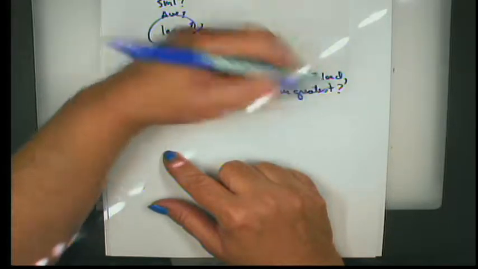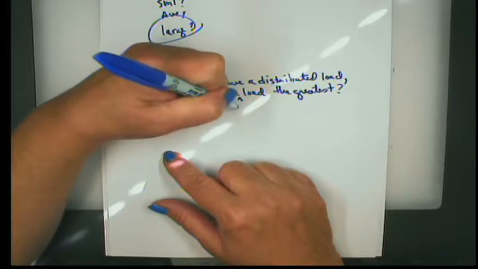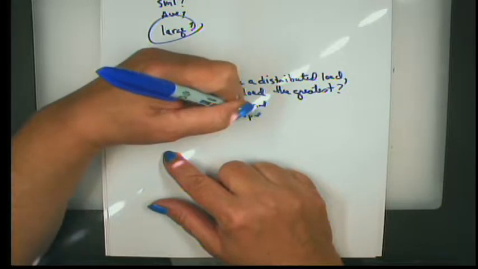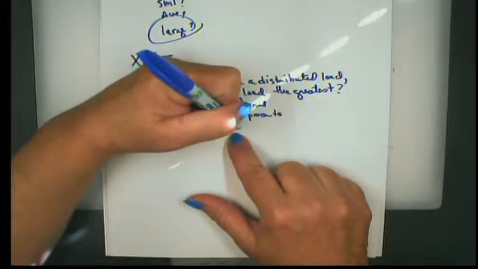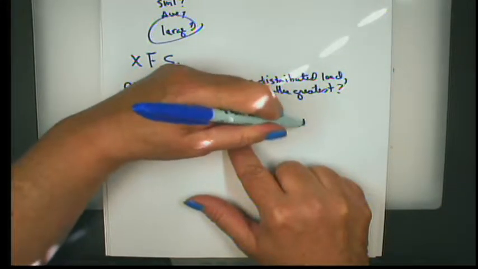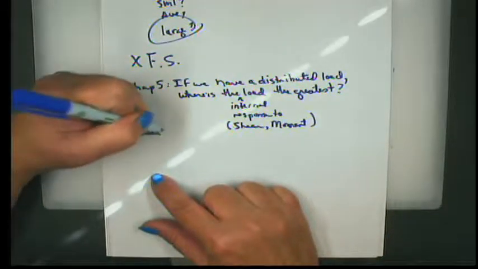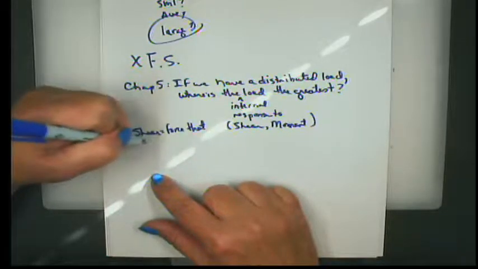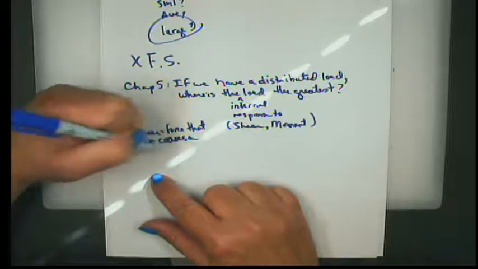And since we're in mechanics of materials, we're really talking about the internal response to that load. So in other words, we're talking about shear and moment. Now, if you think about it, shear is the force that causes a shearing stress.